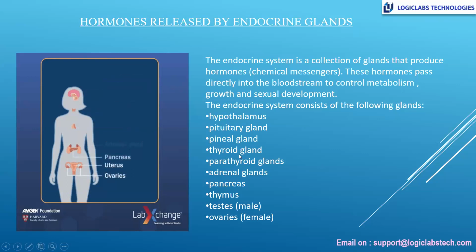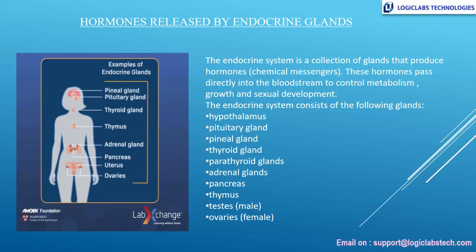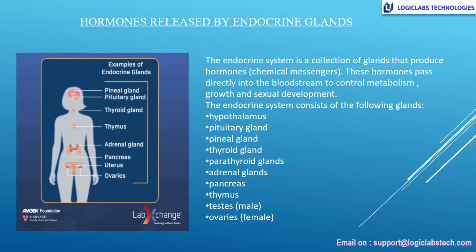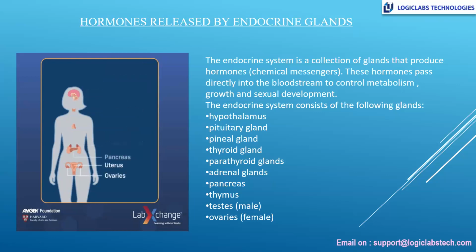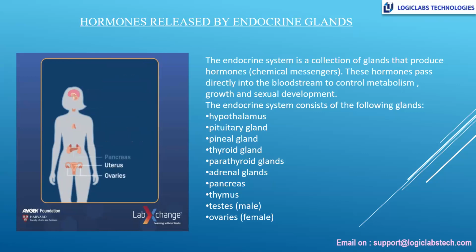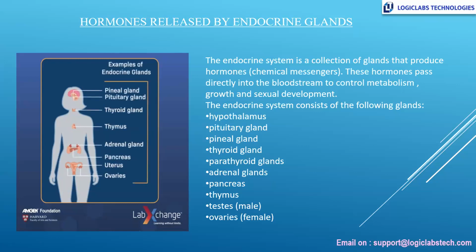Okay, next one comes the thyroid gland. This thyroid gland helps in maintaining the thyroid in the neck region. Okay, where the overgrowth of thyroid, or an extra growth of thyroid, may take place.